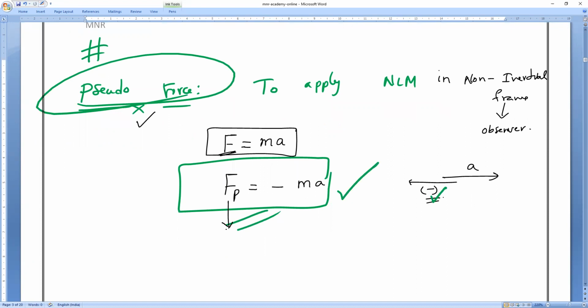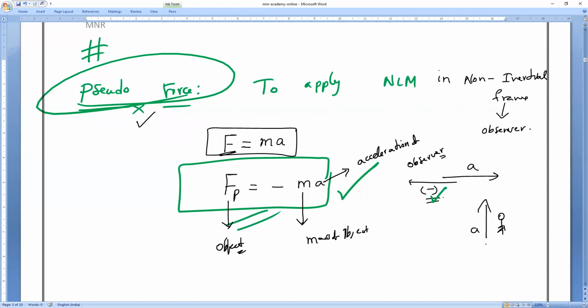Clear? So this pseudo force exerting on the object depends on the mass of the object and also on a. Is a the acceleration of the body or the acceleration of the observer? The acceleration of the observer. If the observer's acceleration is in the upward direction, then the pseudo force direction we have to consider is downward, the opposite direction.